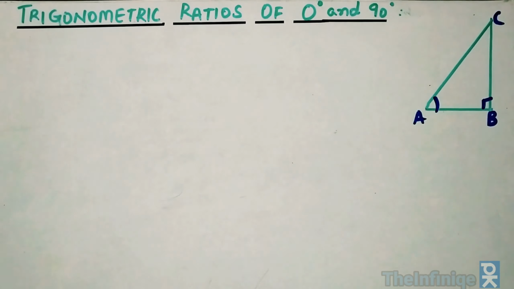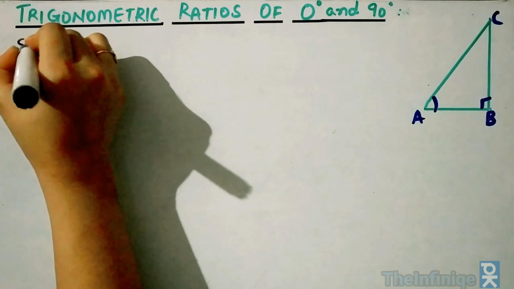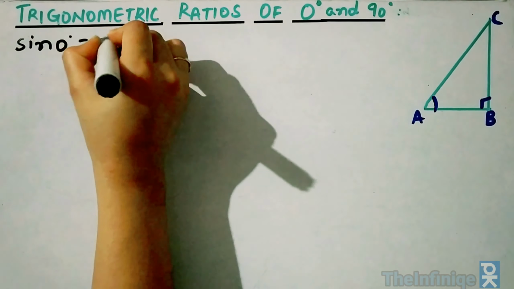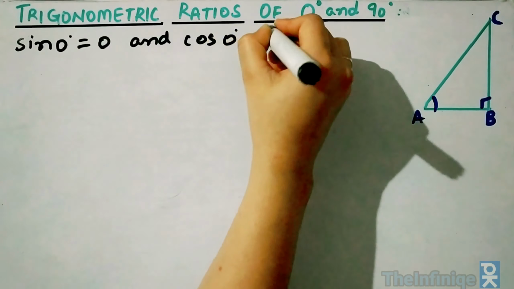This helps us to see how we can define the values of sine A and cos A when A is equal to 0 degree. So we define sine 0 degree is equal to 0 and cos 0 degree is equal to 1.